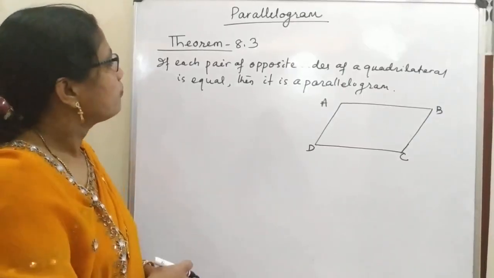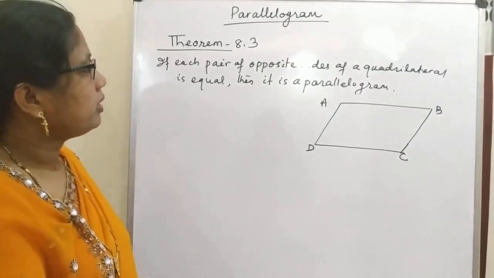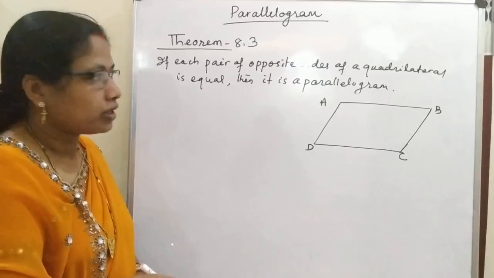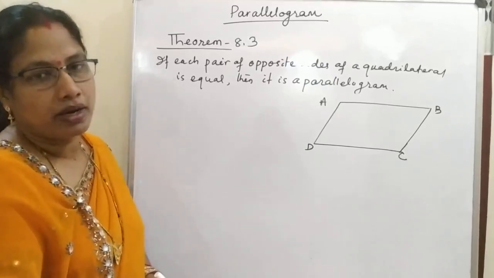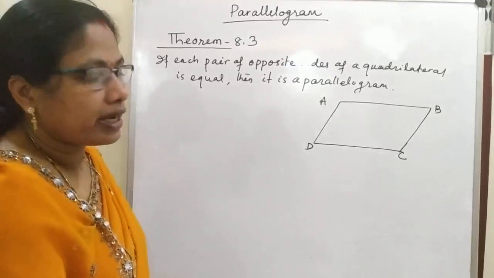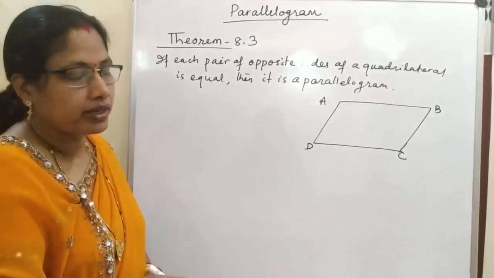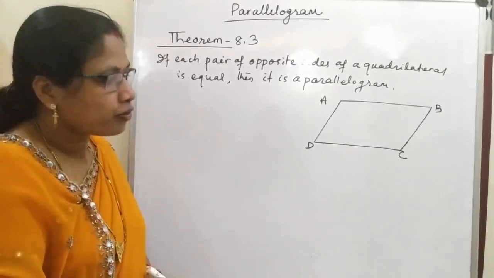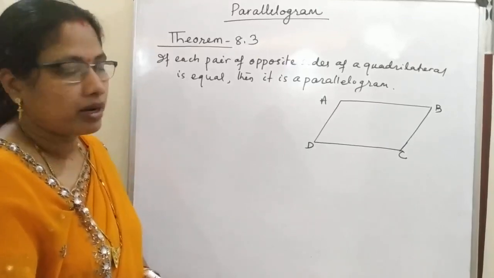Next theorem, the statement is like this: if each pair of opposite sides of a quadrilateral is equal, then it is a parallelogram. Here it is given that ABCD is a quadrilateral and the opposite sides are equal. We have to prove ABCD is a parallelogram.